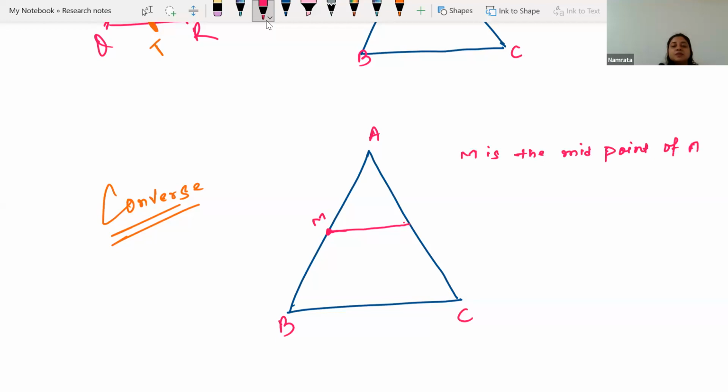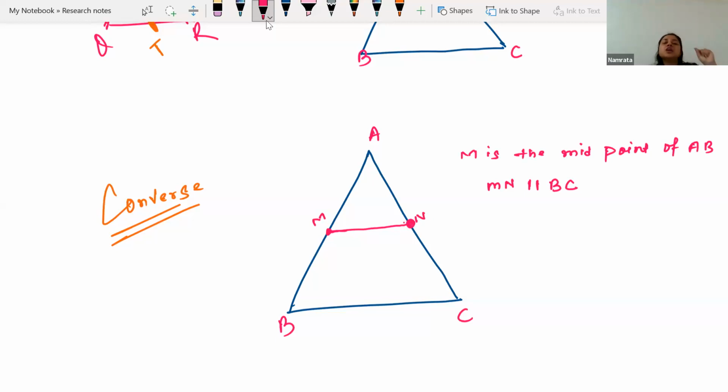of AB, and through M you draw a line, let's say the line MN. MN is parallel to BC, that much you know. Then this N will be the midpoint of the other side. That's what the converse of the theorem says.